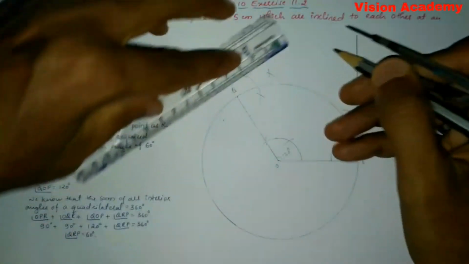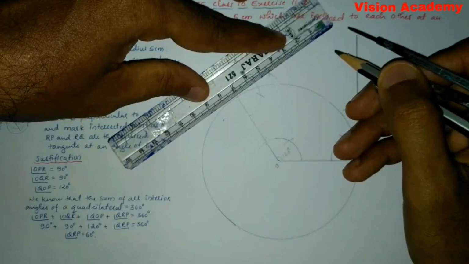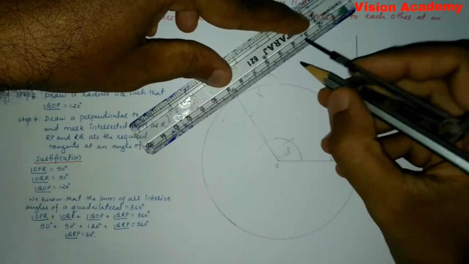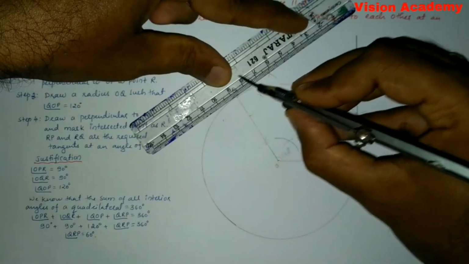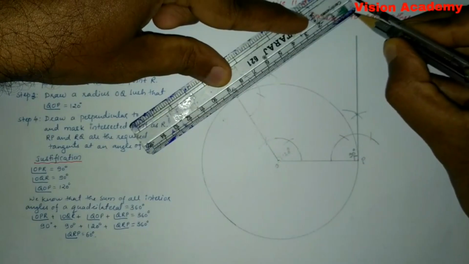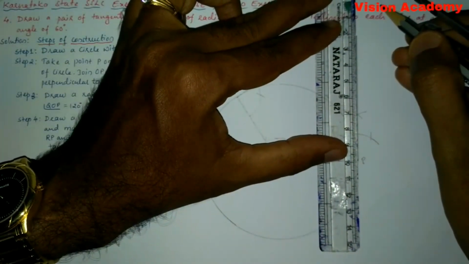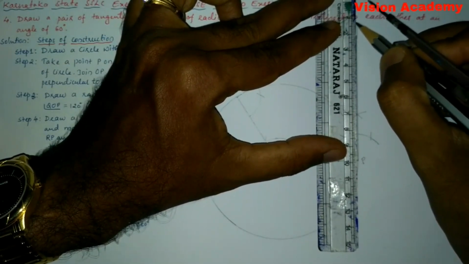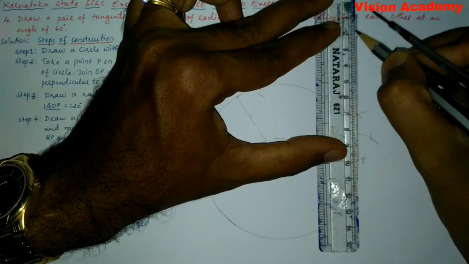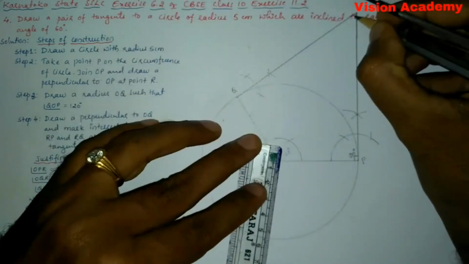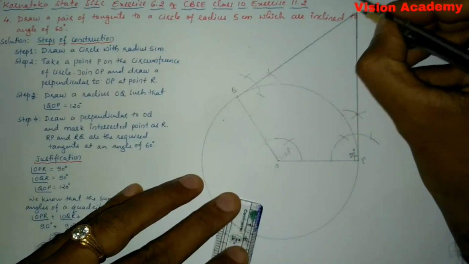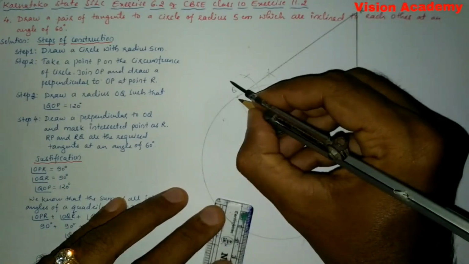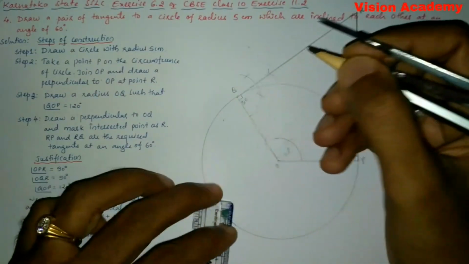So here we got one point and we are going to draw a line through this particular intersection. So let me extend this particular line. Let us say this point as R. So this forms 90 degree.